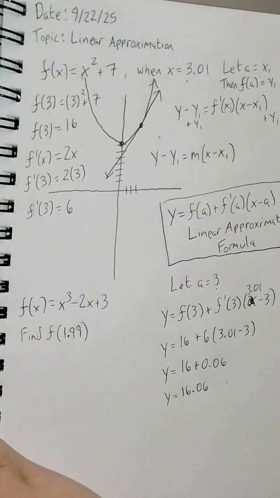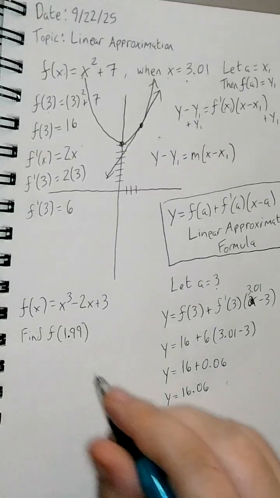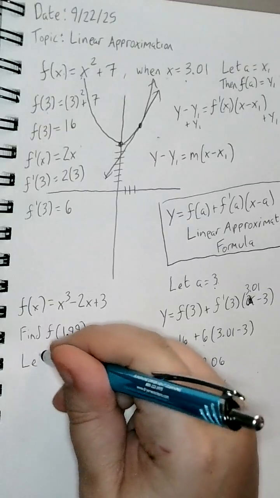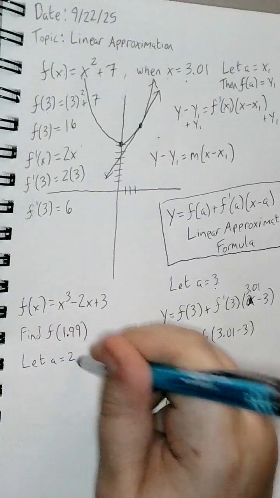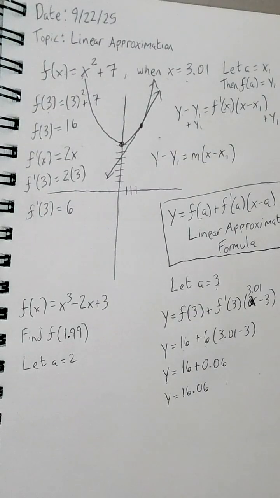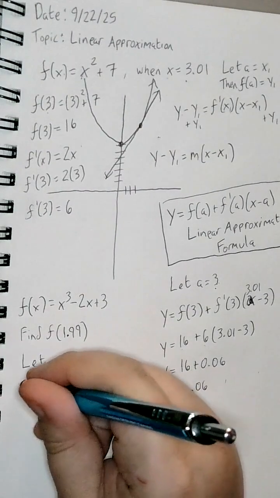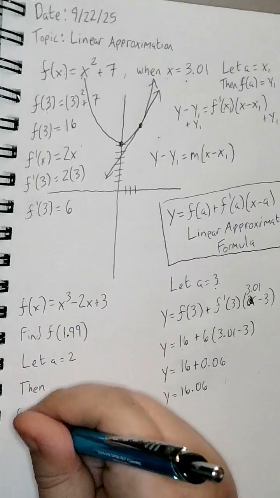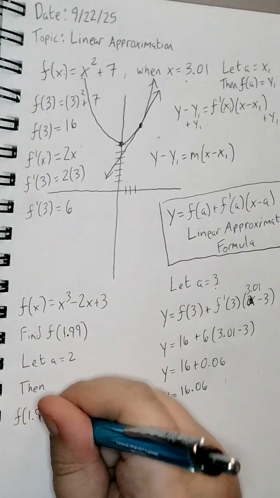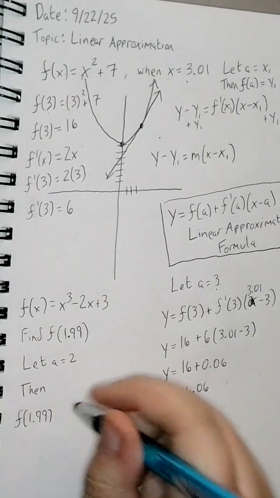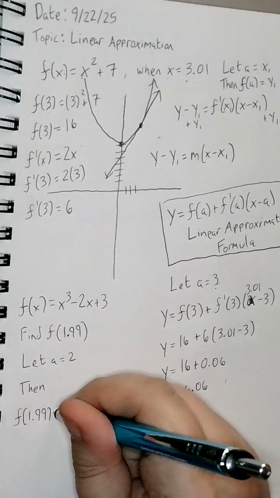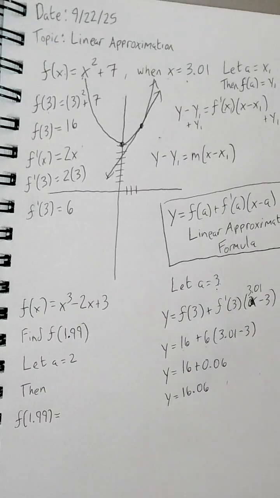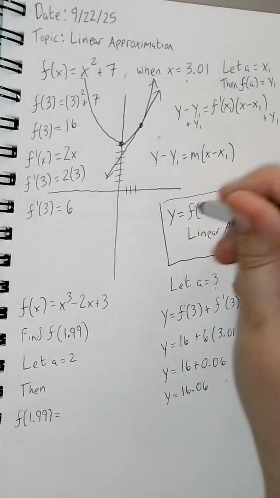Yeah, Nene, exactly. Yes, Alexander. So I'm going to let a equal 2. Then f of 1.99 is going to approximately equal, and I'm going to say equal for this, but just know that this is an approximation. This is not going to be perfect.